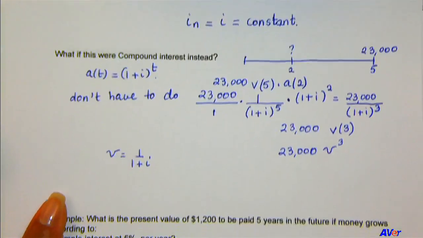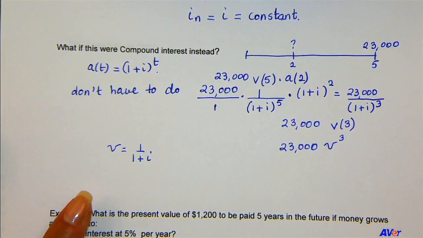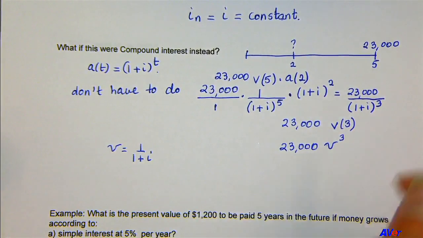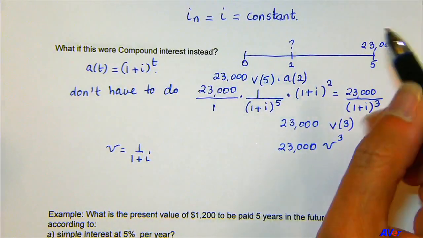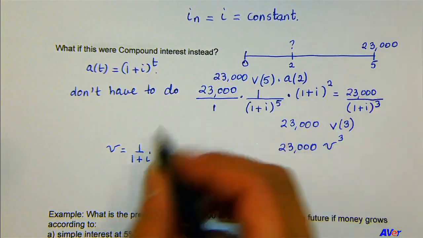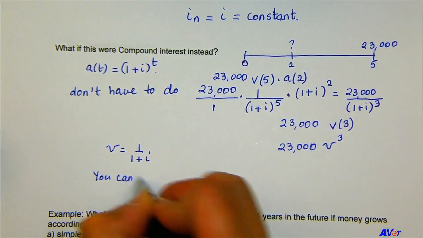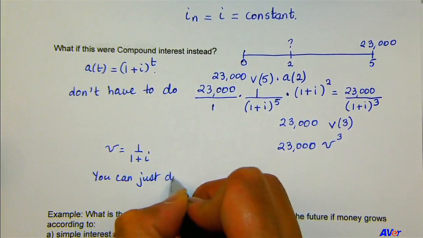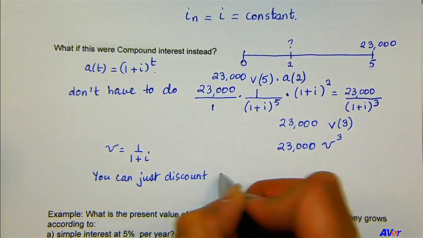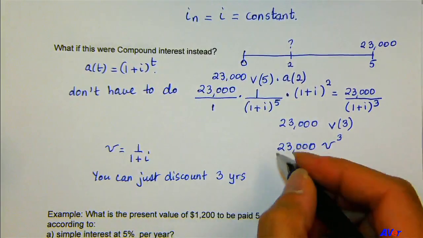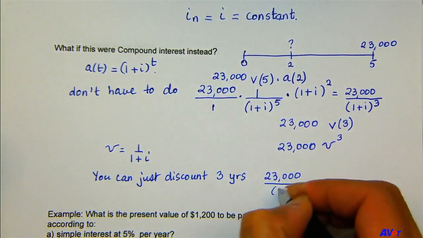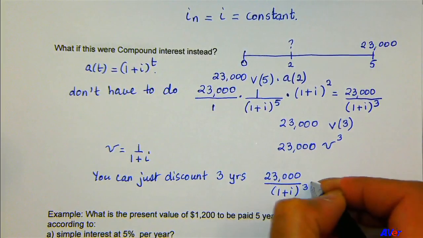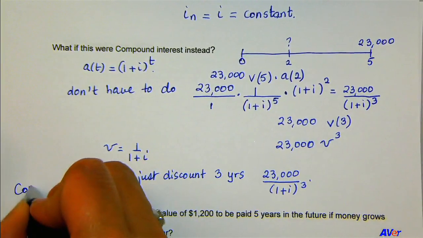Are you following me? So now I don't have to first take it back to 0 and then grow it to time 2. You can just discount 3 years directly by saying 23,000 divided by 1 plus i to the 3rd power. This is in the case of compound interest.